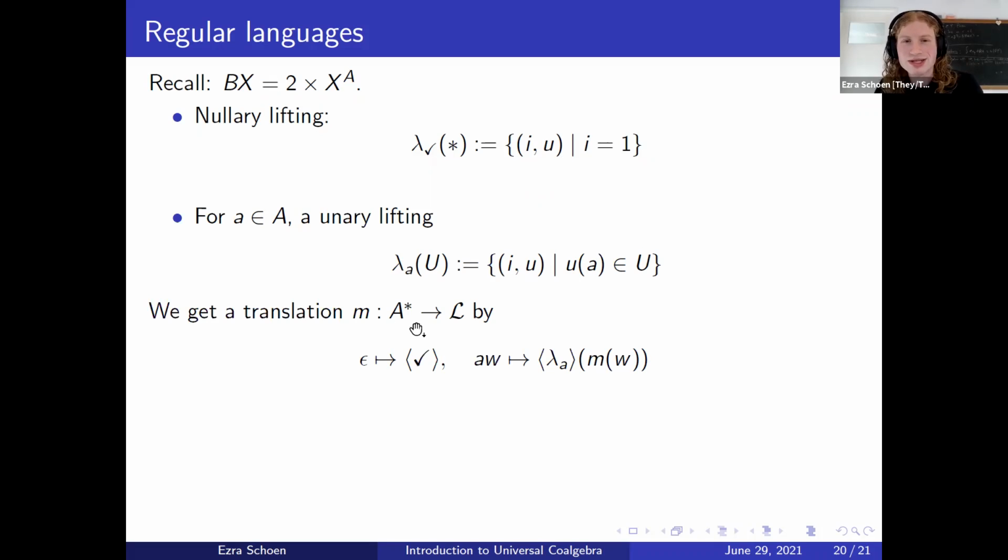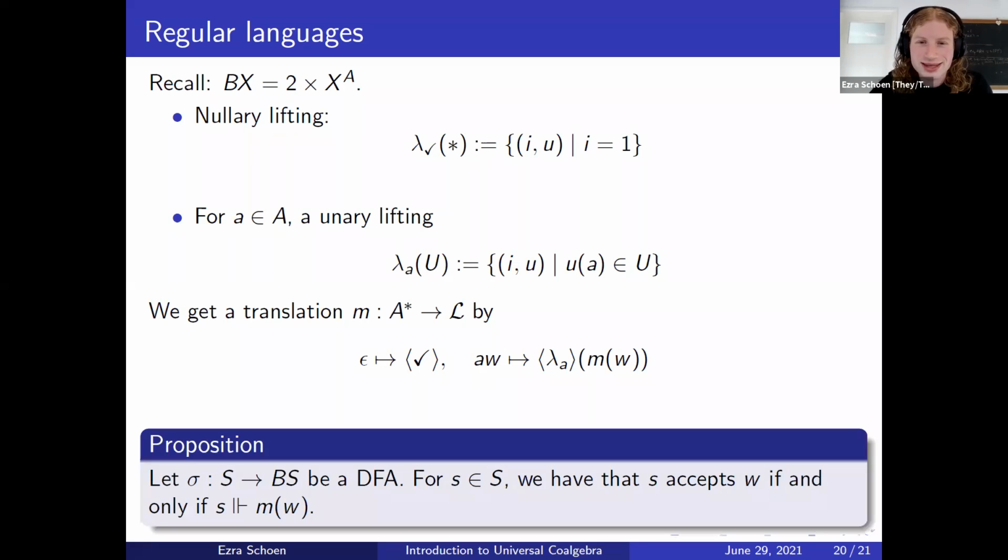And now we get a translation from the finite words over A to our logical language by translating the empty word to just accepting. And if we have some letter A, then we translate it to the corresponding modality. And then it's not so hard to see that S accepts a word W if and only if it makes its translation true.